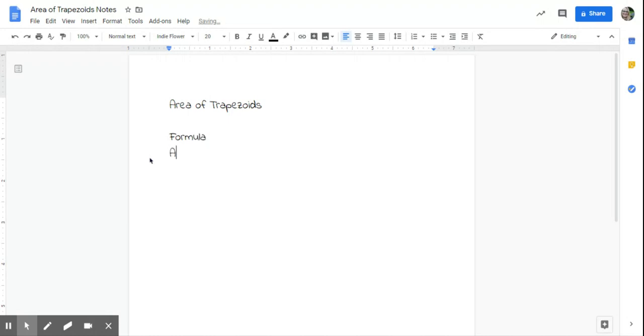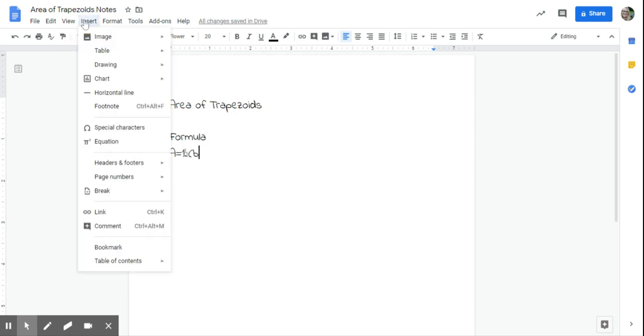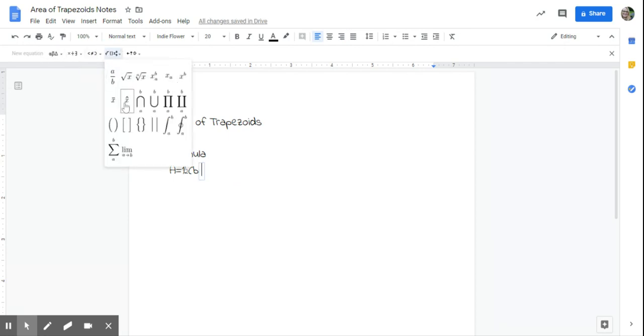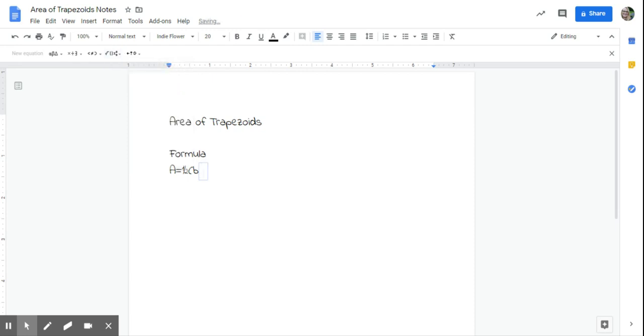And the formula looks a little crazy, but I promise you, it is not as spicy as you think. So the formula goes area equals 1/2 times, we're going to use the parentheses for times, base 1 plus base 2.